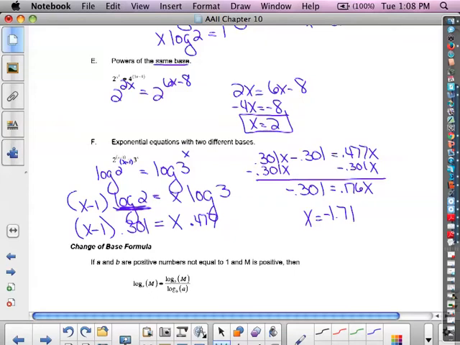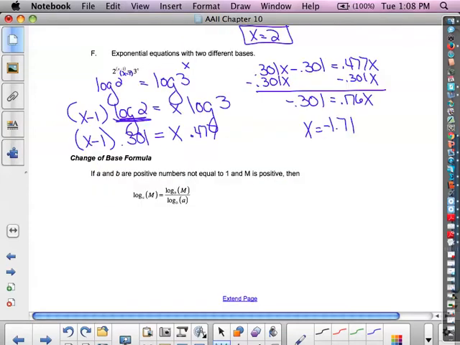There's also the change of base formula, which we talked about briefly with that one problem. If a and b are positive numbers not equal to 1 and m is positive, then the change of base formula becomes log base b of m equals log base a of m divided by log base a of b.